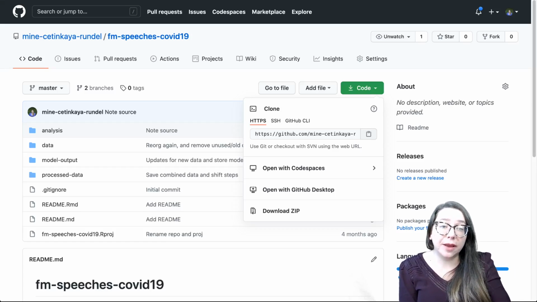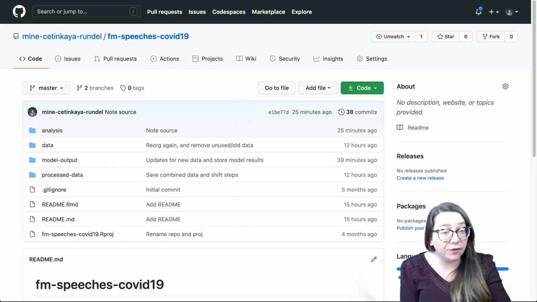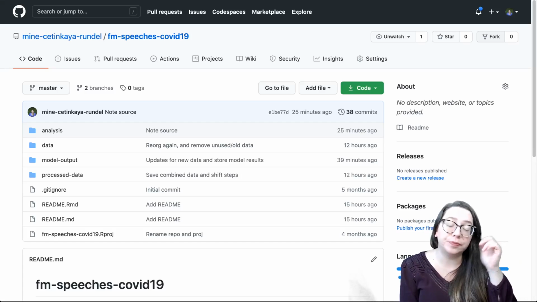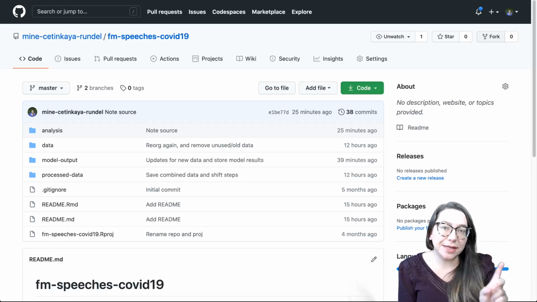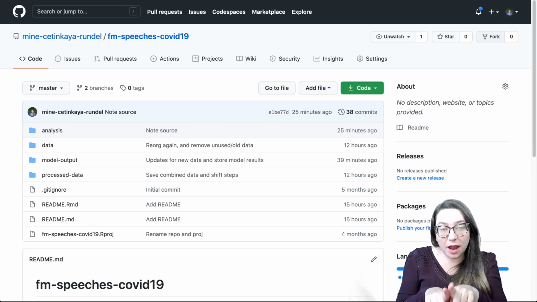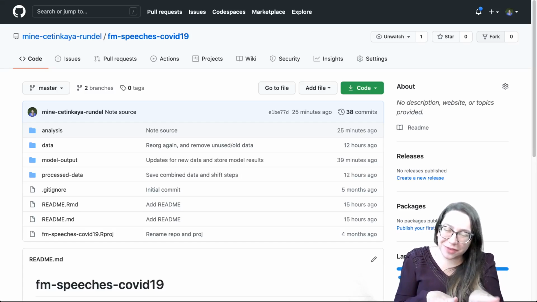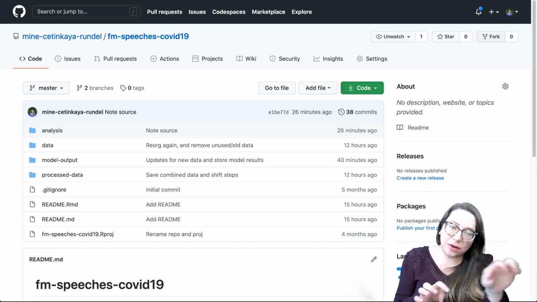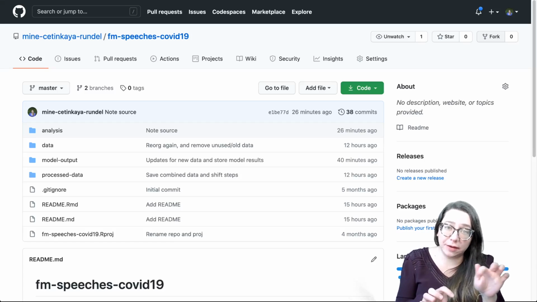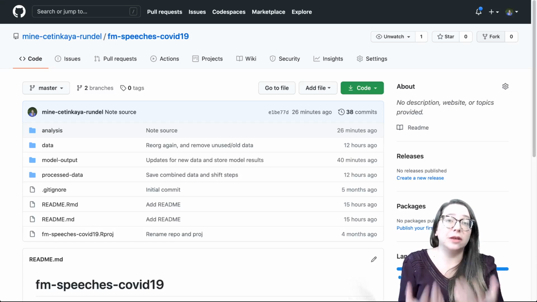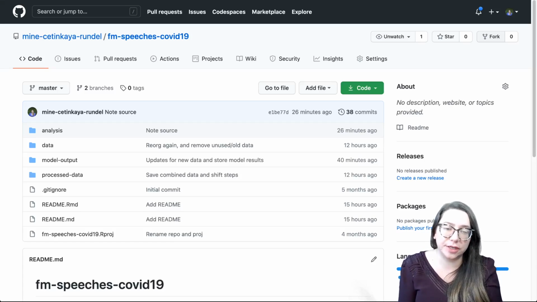Or if you would like, the first thing you might do is actually fork this repository. When you go to fork a repository, that's on the top right corner, what it does is it basically creates a copy of a repository for you. It's kind of like a fork in the road as opposed to stick a fork in me. So you take a fork in that road at this point in time, and it will create a copy for you that you own now, so that you can push to it as well.